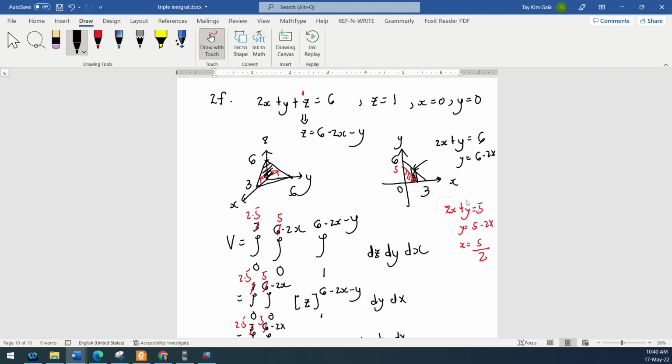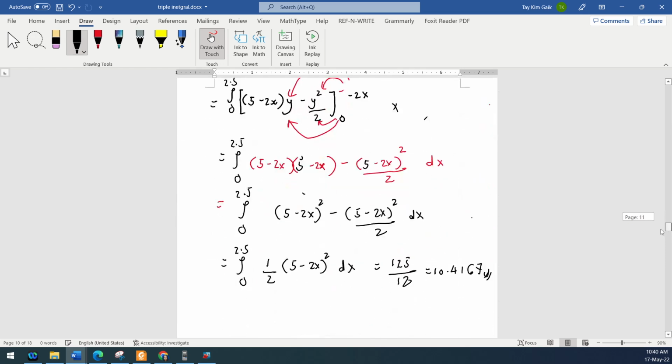And for the upper limit of x, when y is 0, 2x equals 5, so x is 5 over 2. So the limit for x is 0 to 2.5, the limit for y is 0 to 5 minus 2x, and the limit for z is actually 1 to 6 minus 2x minus y. Then you evaluate it like your question 2a. For the last integral, you can use your scientific calculator, so you obtain the answer 10.4167.